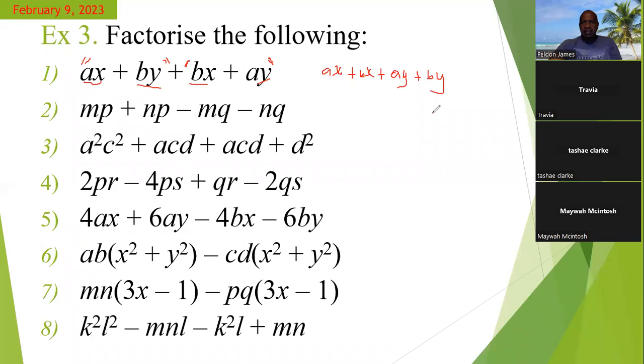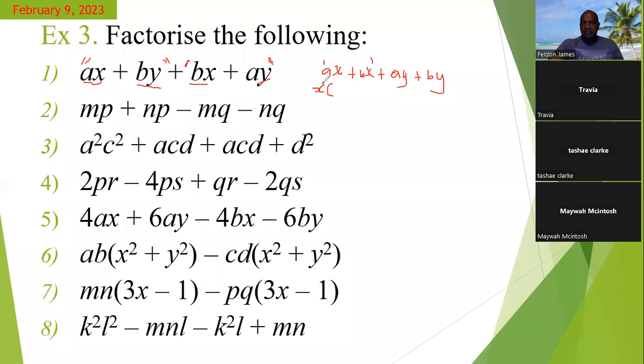Next, we isolate the pairs. The first pair is the first two terms, and we pick out the common factor. By common factor, we really mean the HCF. So we take out what is common for the first pair, which is obviously the X. Each term here we divide by the HCF.